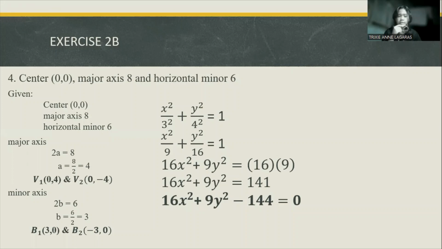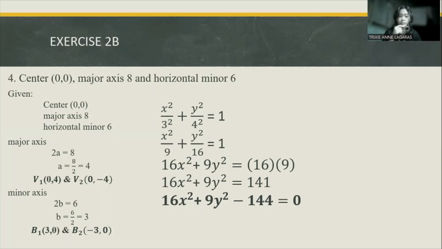Kaya nasa y yung mas mataas na number because based on the given, yung horizontal is your minor 6. So next, x squared over 9 plus y squared over 16 equals 1.